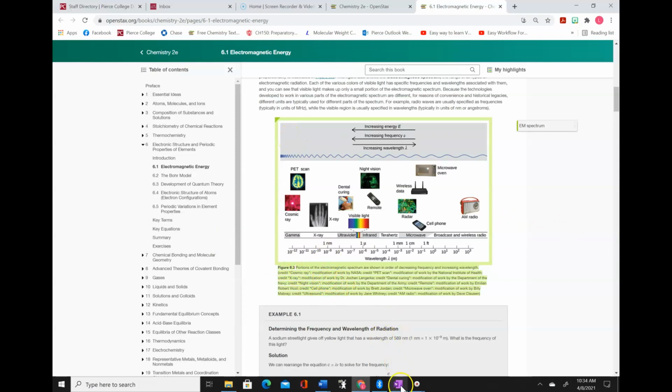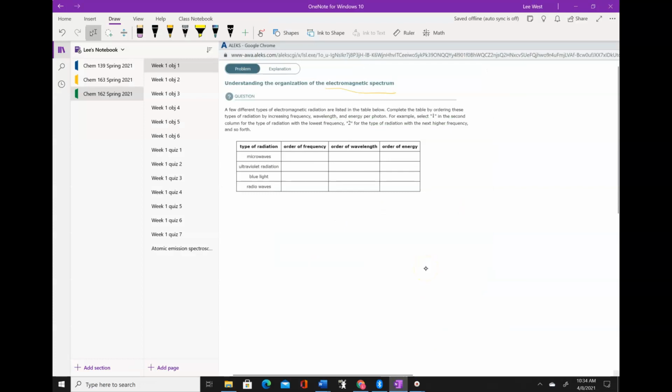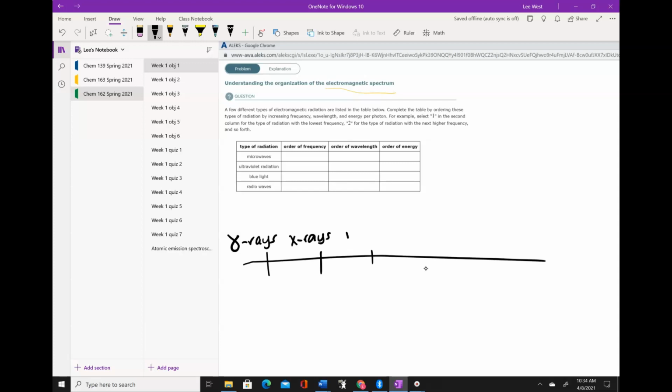All right, but here's the important thing. The EM spectrum, in order of increasing wavelength, looks like this. At very short wavelengths, we have gamma rays. Then we have X-rays. Then we have the UV region.